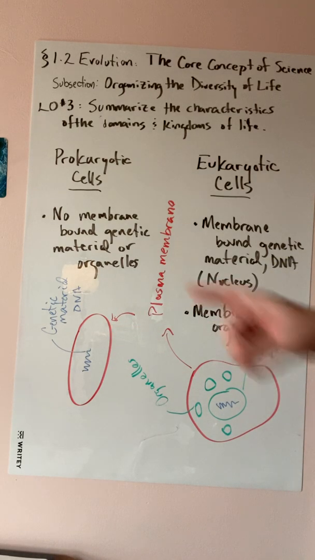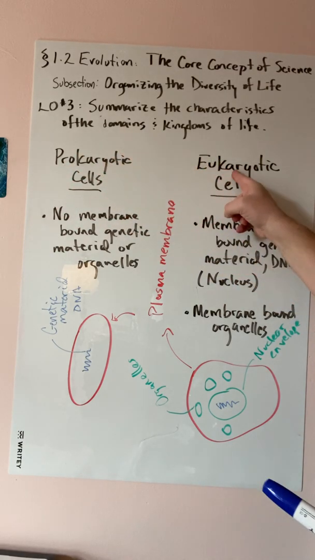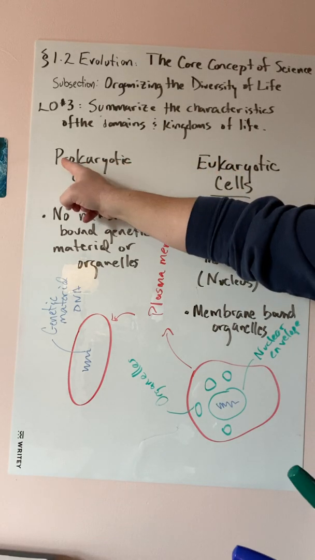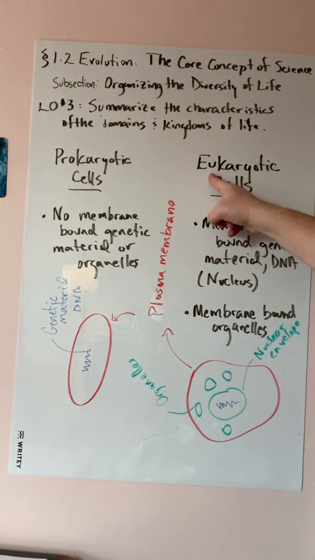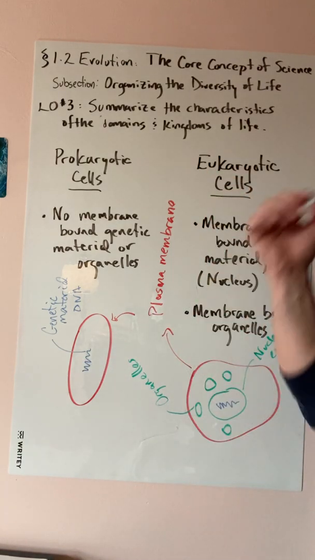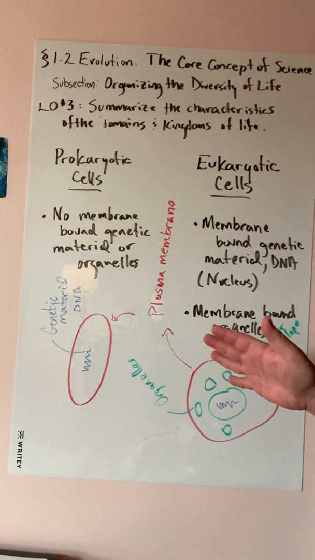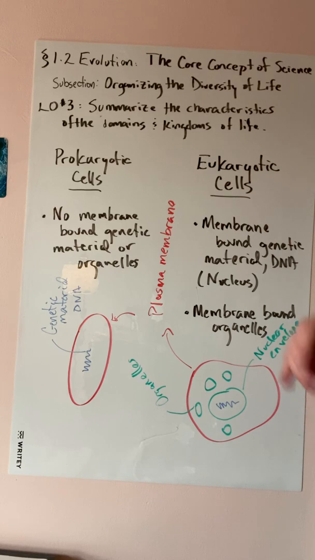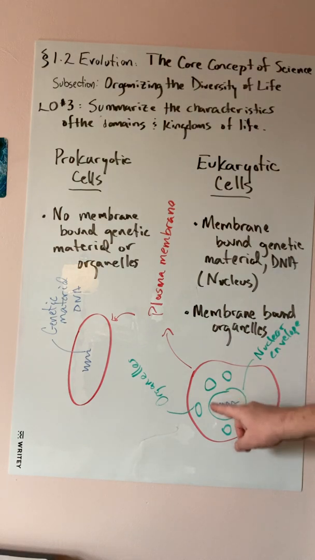So, pro means first, eu means true, karyo means nucleus. So this means first nucleus, meaning that there was no membrane. Eu means true, because as we all know, animals, and humans in particular, are the perfect example of an organism. And so when they were naming these things early on, because we are the pinnacle of everything that could exist, whatever we had was the true. So this is what it means to have a true nucleus. You have a membrane surrounding that genetic material.